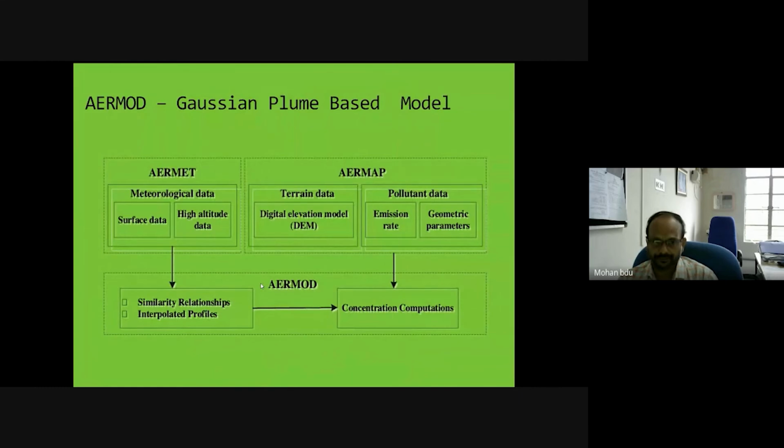So here, AERMOD is the most widely used model for point source dispersion.